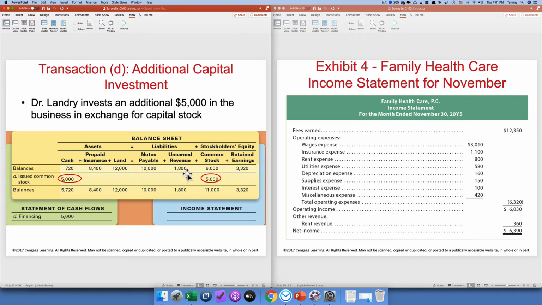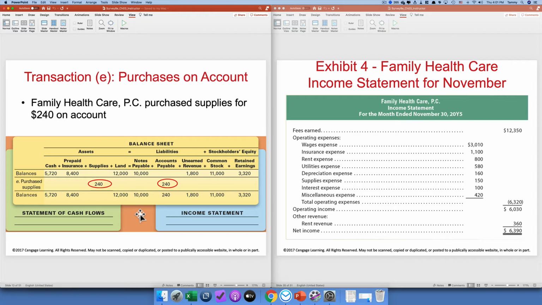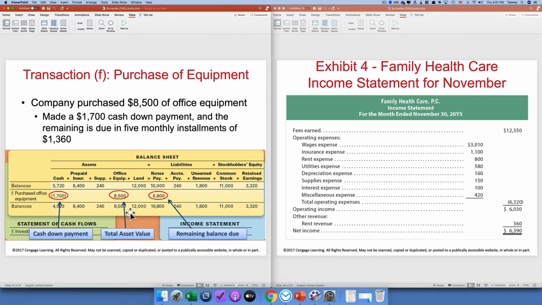Okay, she put more money into the business. Again, that's got nothing to do with the income statement. She's just injecting more capital into the business. And then she purchased some supplies, and she did not pay cash for those supplies. So she took on an accounts payable, which is a liability, and she purchased some supplies, which are an asset. Okay, this is a little complicated.